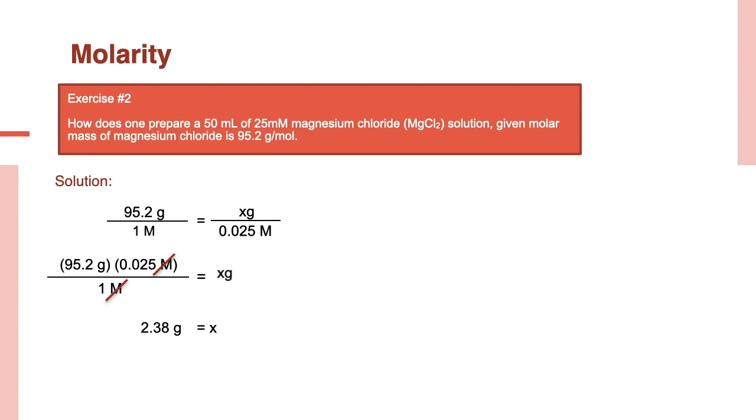Now, set up a ratio to determine how much is required to prepare 50 milliliters and solve for x. 2.38 grams is to 1000 milliliters as unknown grams is to 50 milliliters. Multiply both sides of the equation by 50.